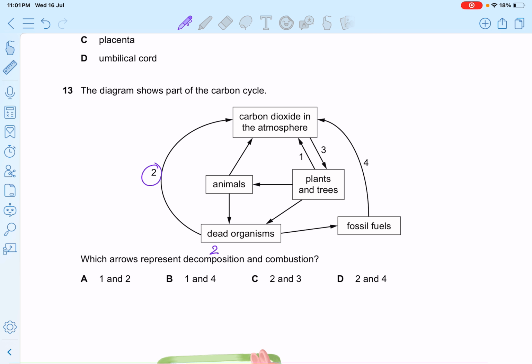From the plant trees to the carbon dioxide in the air, this is photosynthesis. And from the air to the plant, this is respiration. And from fossil fuel to carbon dioxide in the air, this is combustion. So this is 4. So we need the choice of 2 and 4. So the correct answer is D.